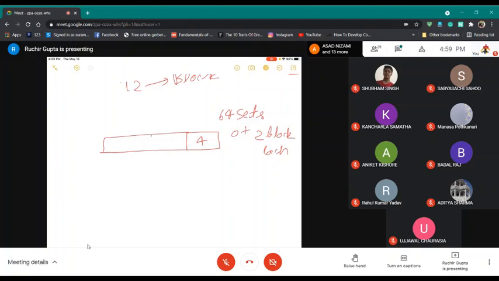And then because there are 64 sets, there will be 6 bits for the set, and then the tag will be 6, because you have to figure out which one is this one, right? So this will be the kind of address distribution for this. Does it make sense? Yes, sir.